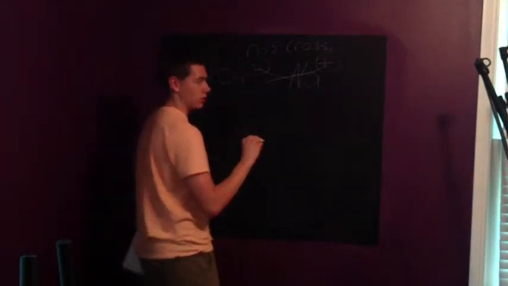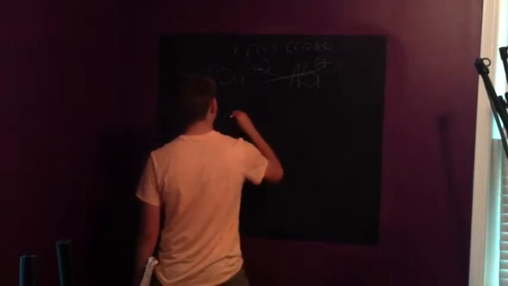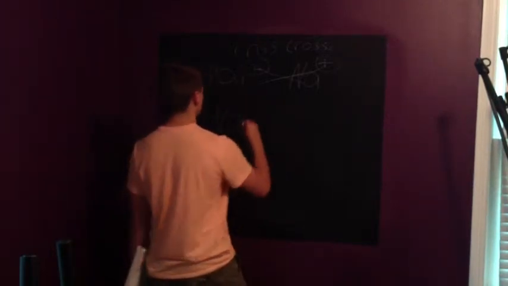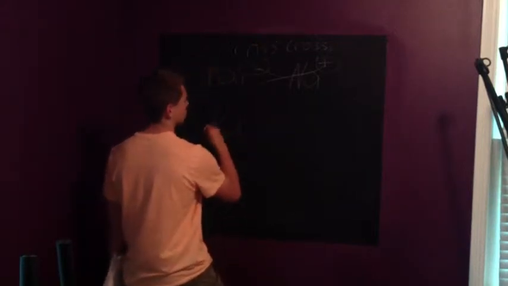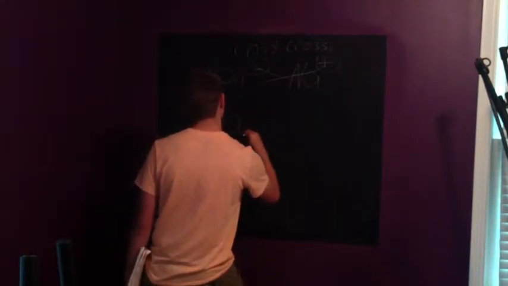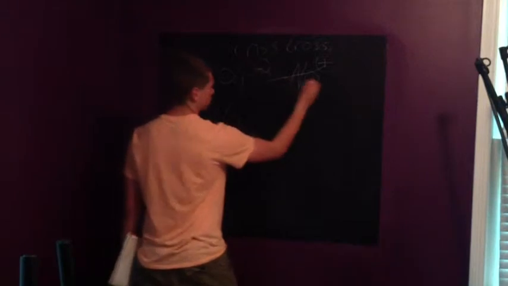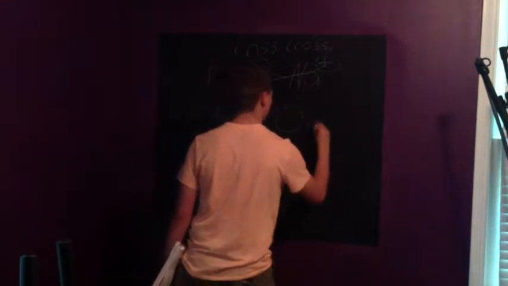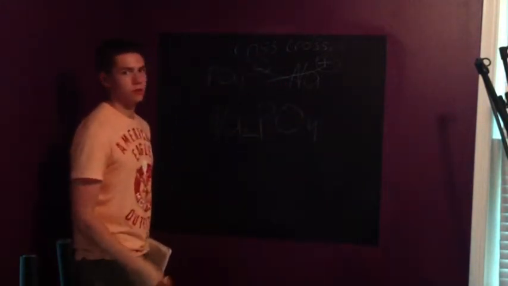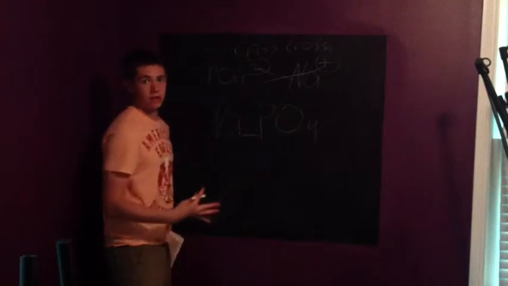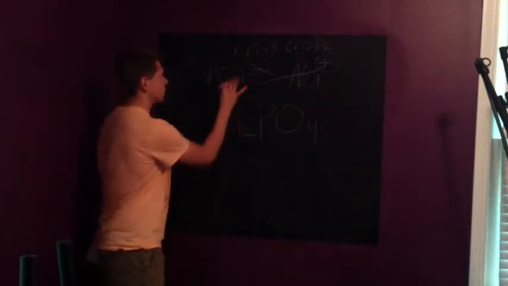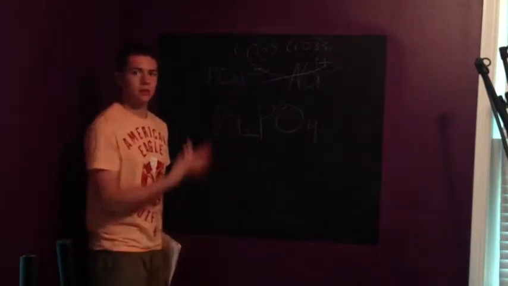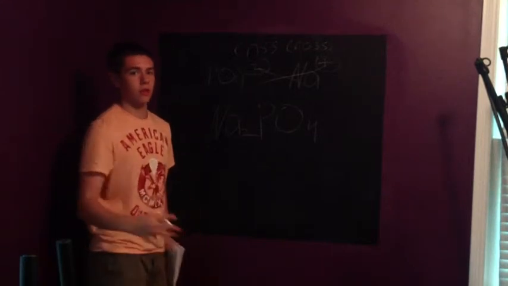To make this whole formula work, you are going to make sodium phosphate, which is Na2, since the 2 goes right there, instead of there, and then PO4. The reason this 4 does not change is because it's permanent. It just stays there. It's not going to go anywhere.